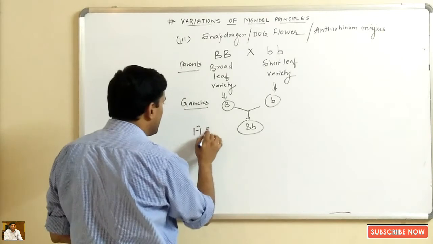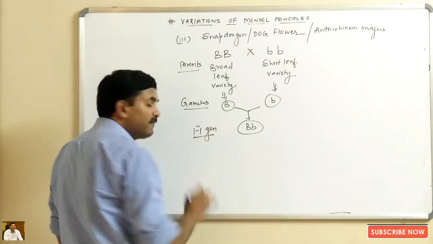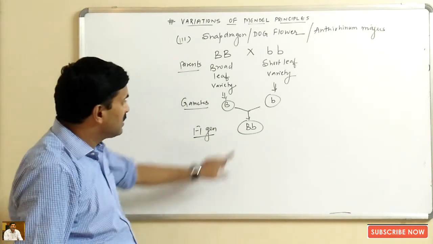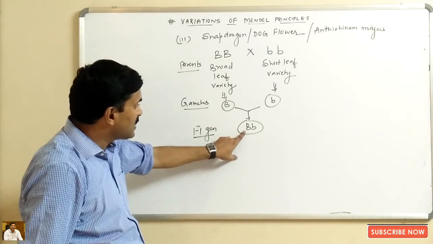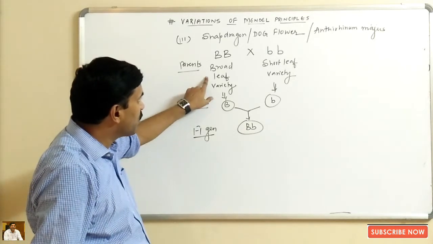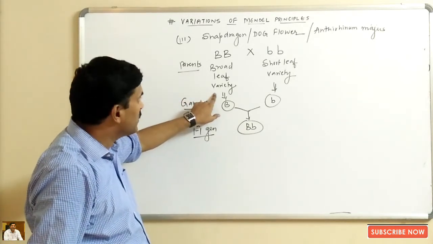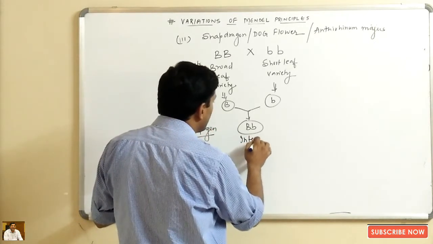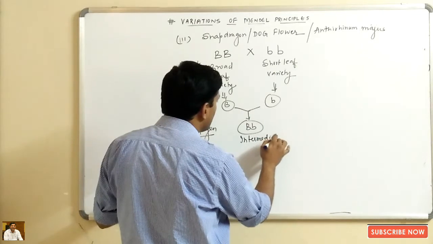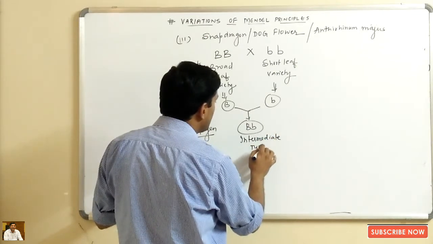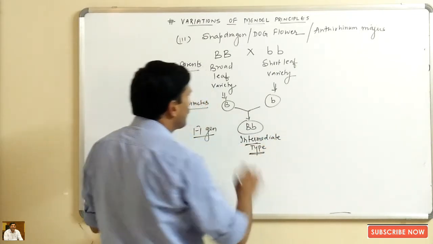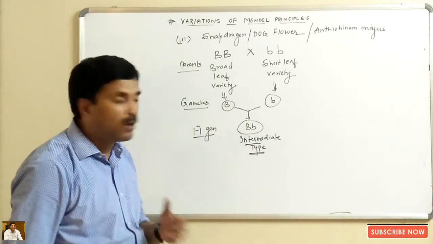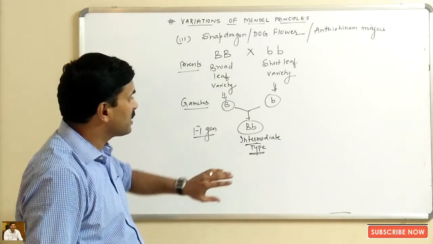Now according to Mendel, if we trust Mendel, the F1 progeny must be the broadleaf variety, but it was not. We got an intermediate type of leaf, which was not so broad and not so short.